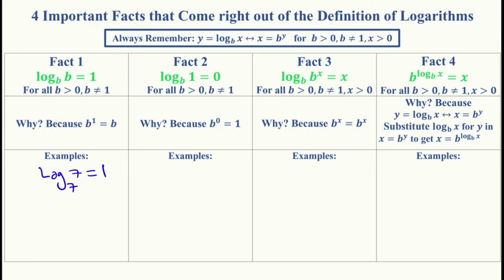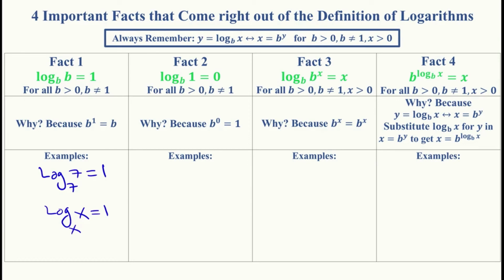If you understand the definition of logs, this is almost not worth mentioning, but these come up often, so it's good to be very comfortable with them. Or for example, if you get log base x of x, same business. It could be a variable, it could be a constant, any way you want it.